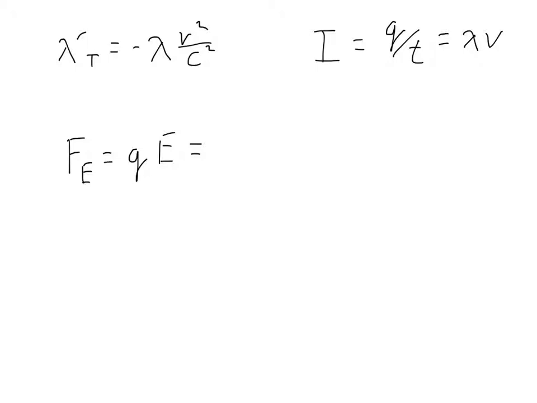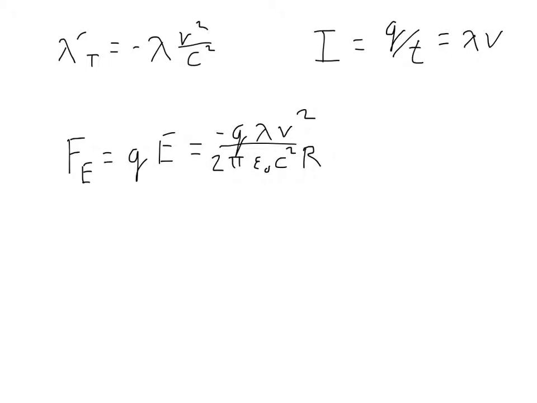Using the result for the electric field from a wire, we can plug that in, and we're going to find that the force is negative Q times the linear charge density, which is the charge density of either wire originally in the lab frame, times the speed of our particle squared, divided by 2 pi epsilon naught c squared r.